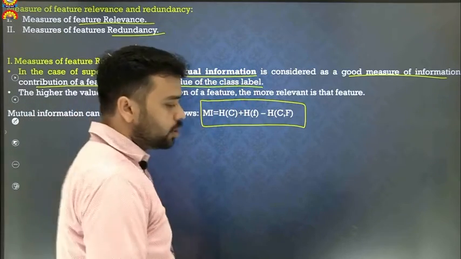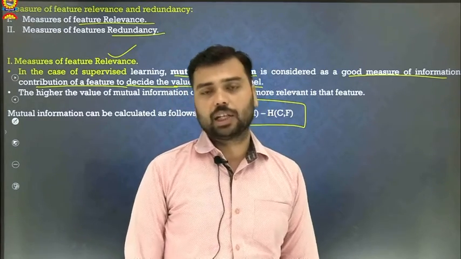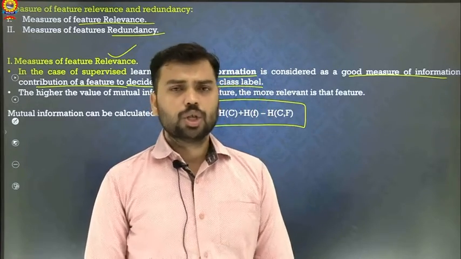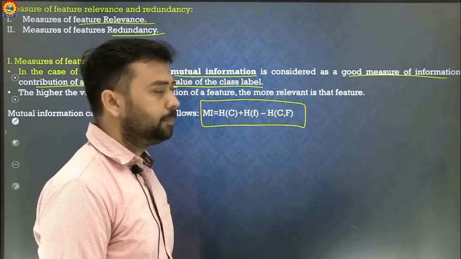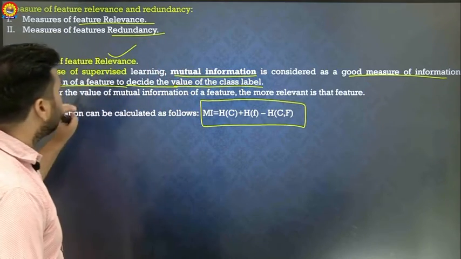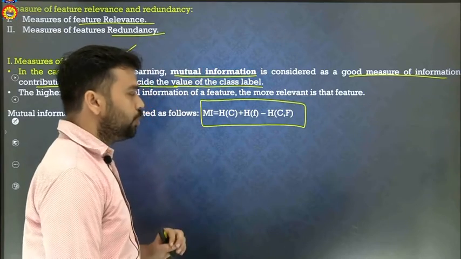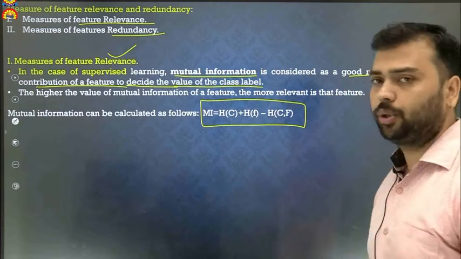So in the case of supervised learning, we have the training data set and we also have the class label. The training data set is used to train our model. So to measure the relevancy, we use mutual information, to see how much a feature is related to the target value.